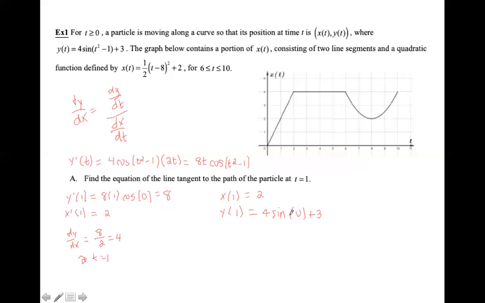The sine of 0 is 0, so 4 times 0 is 0, so this turns out to be 3. So at t equals 1 we have the point (2, 3). Our equation turns into y minus 3 equals 4 times (x minus 2). That's part A, the equation of the tangent line.